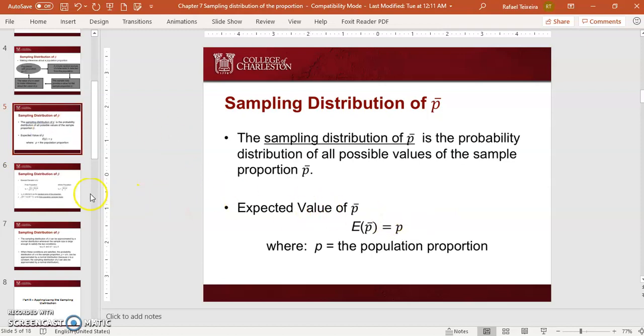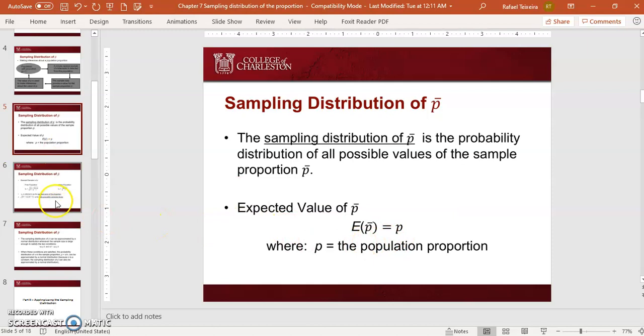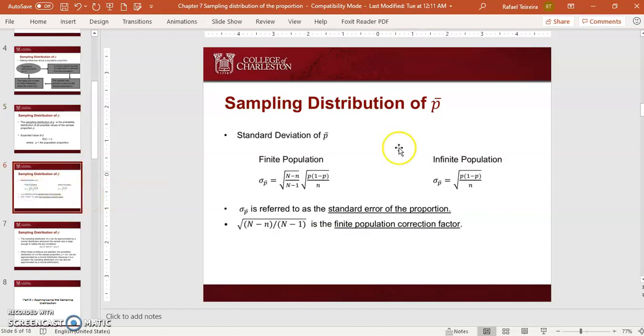The expected value of the sample proportion is equal to the proportion in the population, always. There's nothing here to compute.